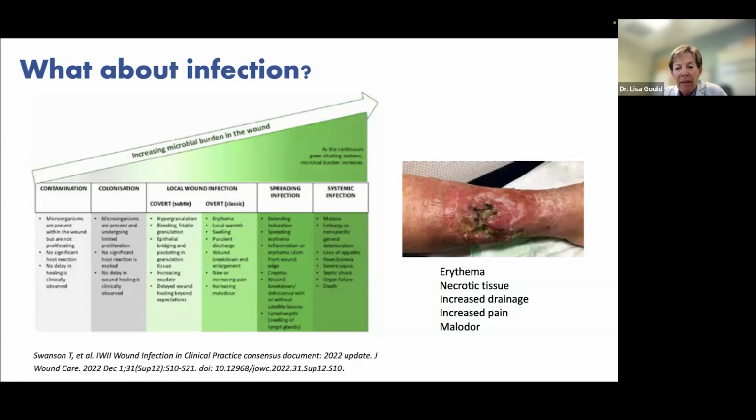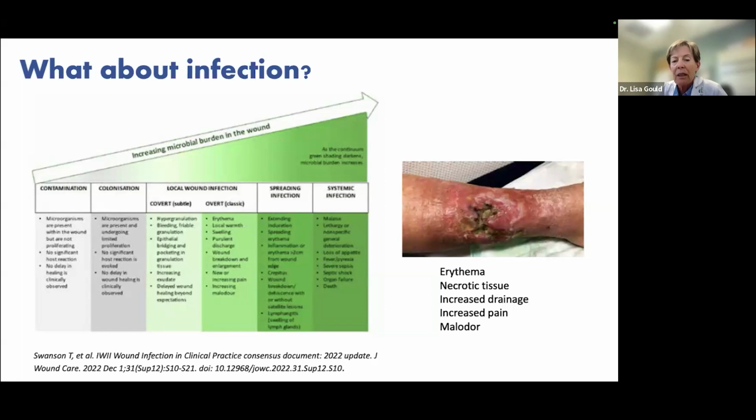And then a deep dive into that article pretty much says that as you start to get more erythema, if it's 2 centimeters or greater from the edge of the wound, that's an overt or a spreading infection that warrants systemic antibiotics. That's really a cellulitis around the wound itself.